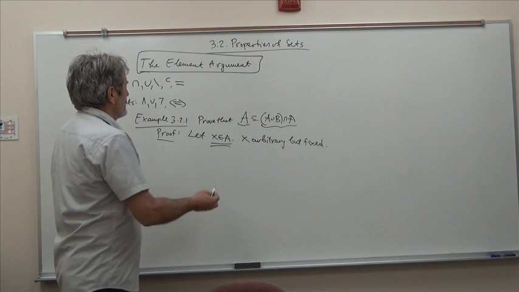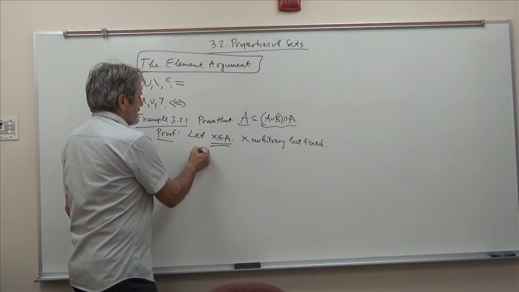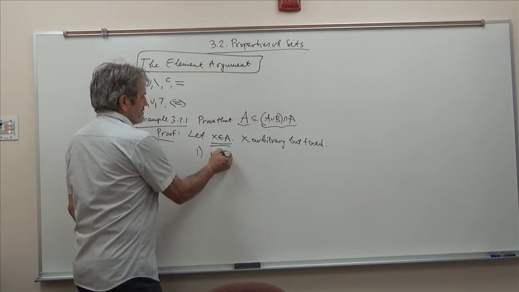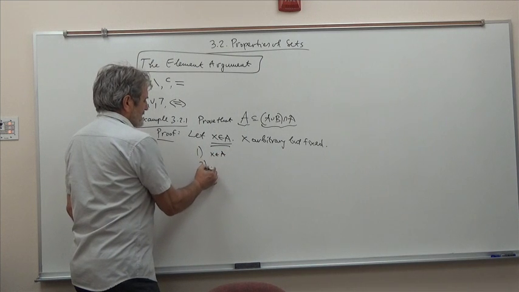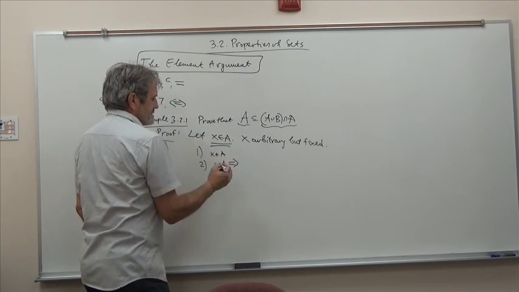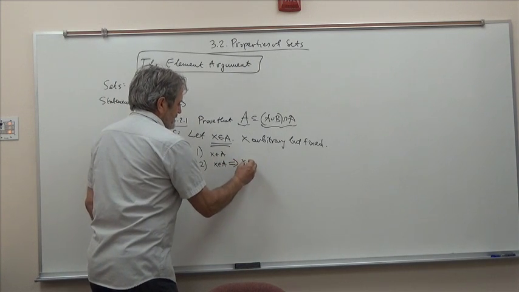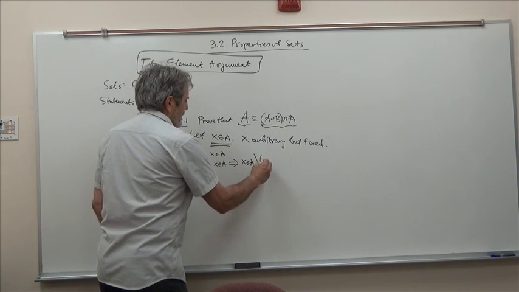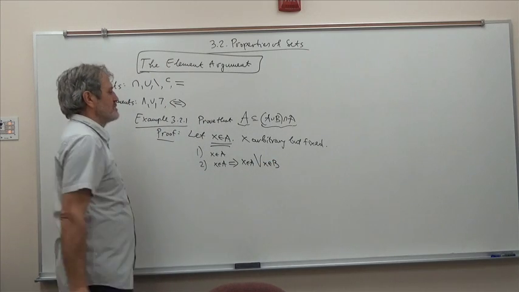Then I will say the following. First line: x belongs to A. Second line: x belongs to A implies that x belongs to A or x belongs to B. Why is this true?